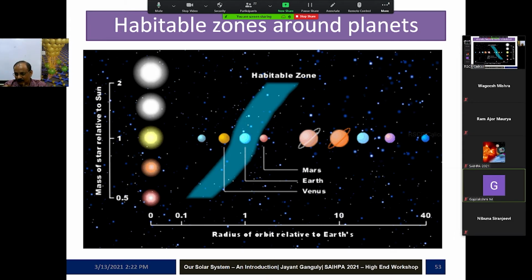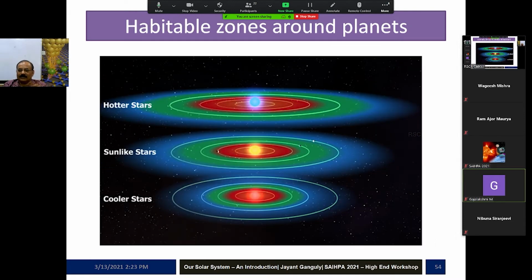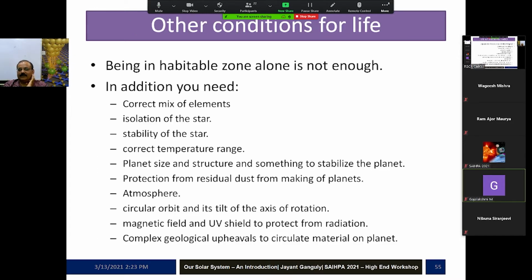As you can see, this particular plot shows where our Earth and Mars typically fall. The exact distance from the star, for a cooler star or a sun-like star, the habitable zones vary based on the star's parameters and how far the temperatures are conducive for those types of things.